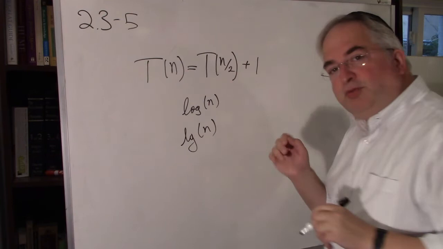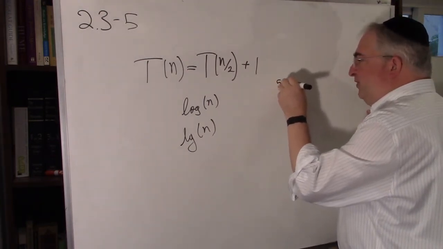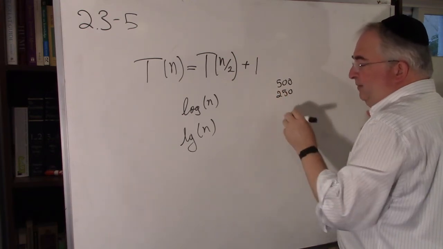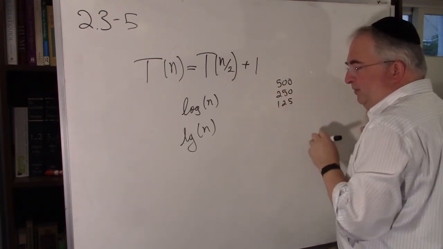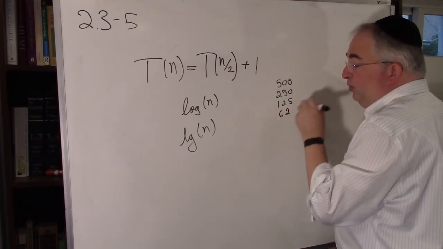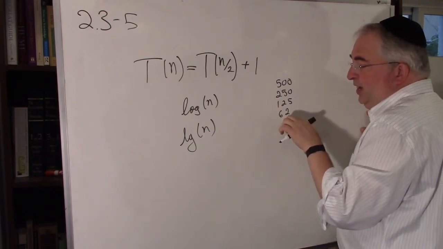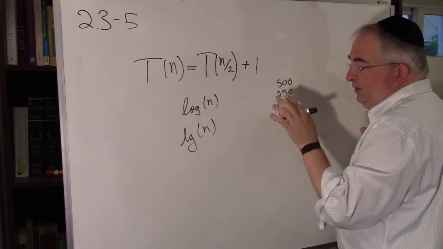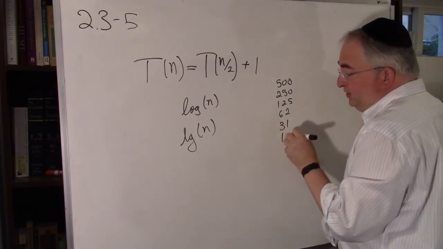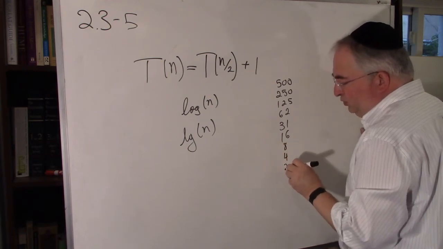Let me just go through a nice example. Let's say I have 500 elements. I'm going to split it to 250 elements, then to 125, then to 62 elements. Okay, 62 and 62 is 124, that's okay. Then I'm going to split it to 31, then to 16, let's say, then to 8, 4, 2, 1.